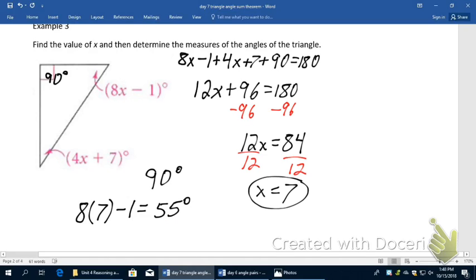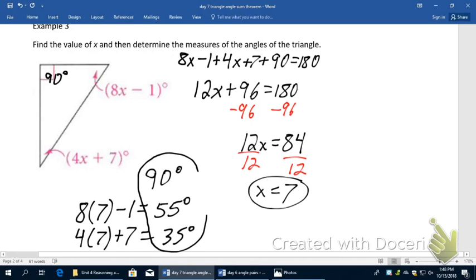And for my last one, I'm going to use 7 for x right here. So 4 times 7 plus 7. 4 times 7 is 28. Add 7 to that, you're going to have 35 degrees. And there's your angles for the triangle. Again, this is a right triangle because the largest angle is 90 degrees.